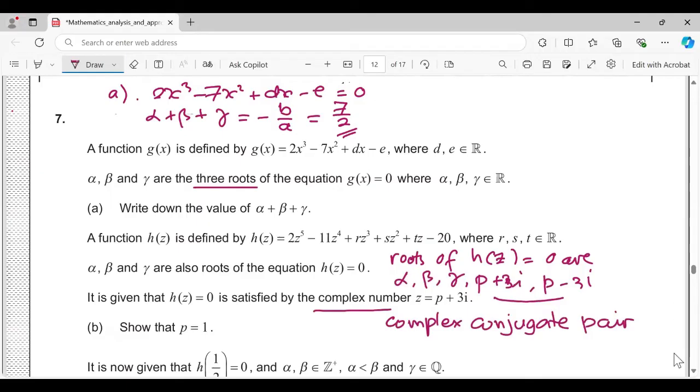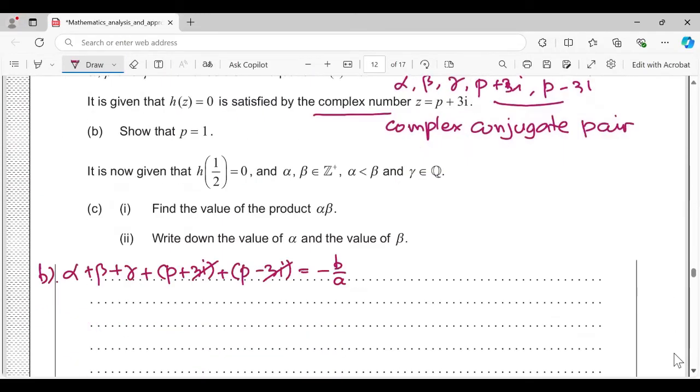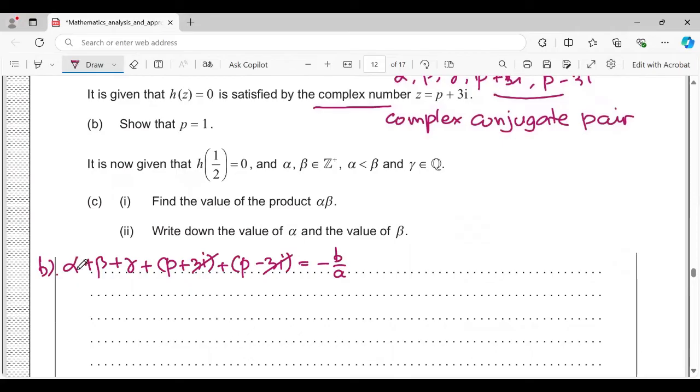So 7 over 2 plus 2p equals minus b over a, which equals 11 over 2, because minus of minus 11.